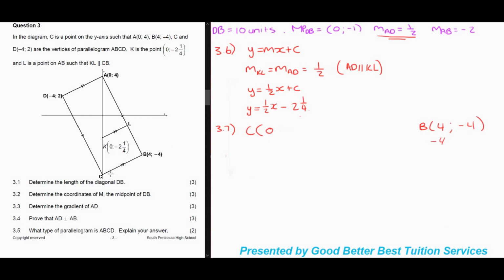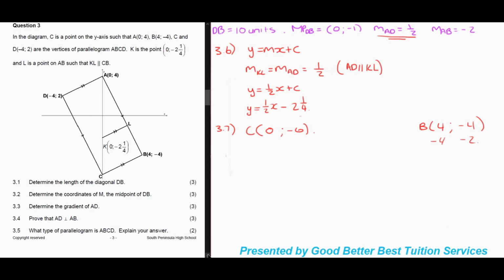We can see that's definitely the case because C is on the y-axis where x is equal to 0. And what happens to the y value? It decreases by 2, so we minus 2 from minus 4, which gives me minus 6. And just like that, we found the coordinates of C.